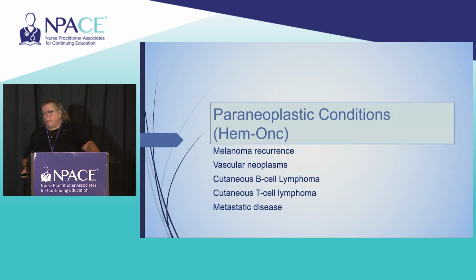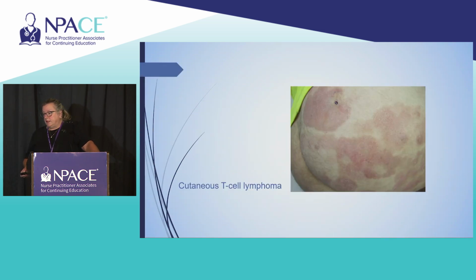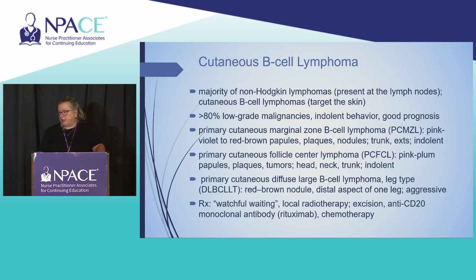And there's some paraneoplastic conditions that we should be familiar with. This is an example of cutaneous T-cell lymphoma, or CTCL. But first, I just wanted to present the B-cell lymphomas. So cutaneous B-cell lymphomas, the vast majority are really indolent. They're not an aggressive tumor. They're not scary. They don't become a systemic problem.